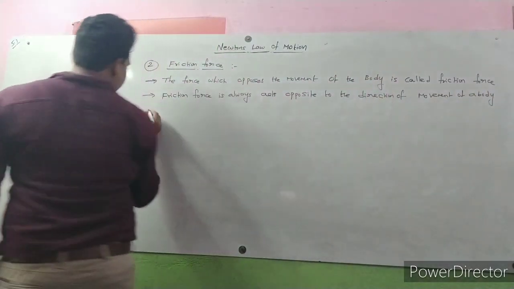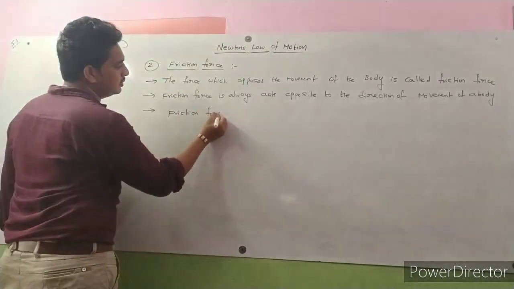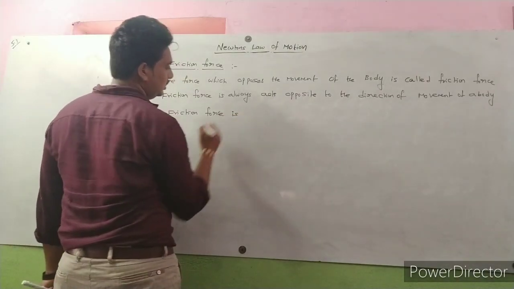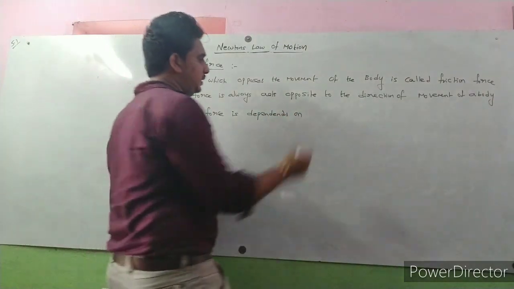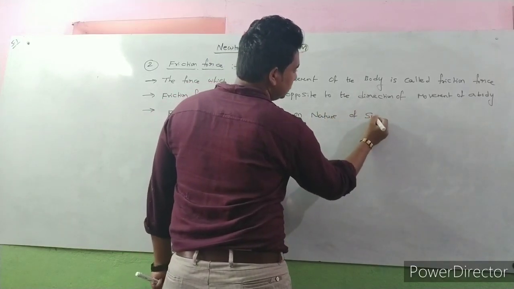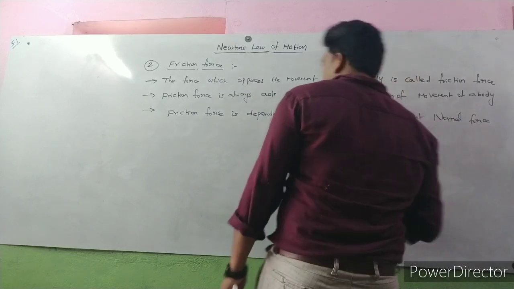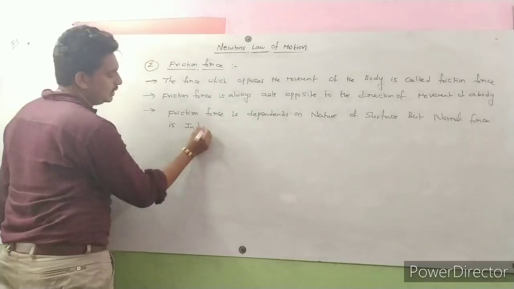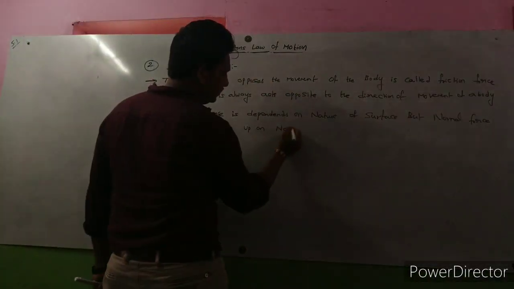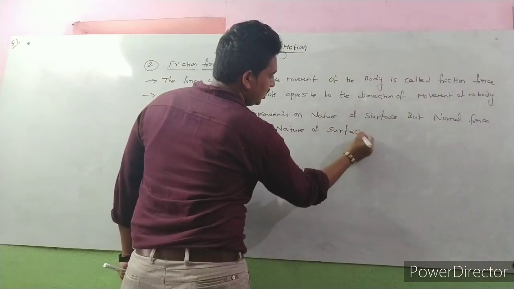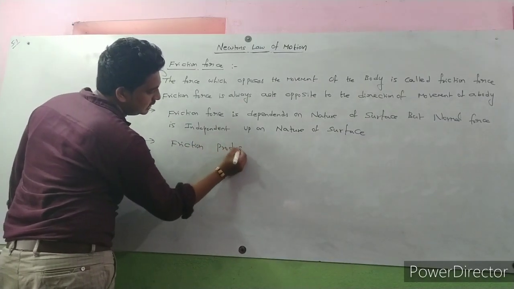Friction force depends on the nature of the surface, but normal force is independent of the nature of the surface. Friction produces heat.